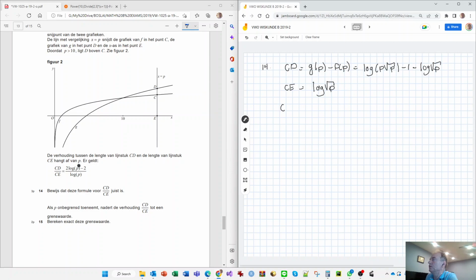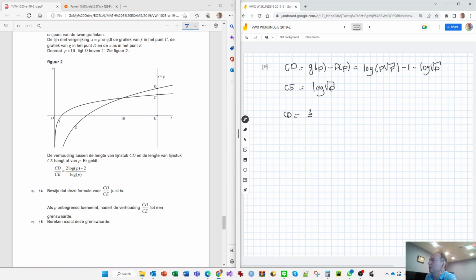Alright. Now let's first, because what we have to show is all the log of P itself. So let's convert the arguments here to P. So CD is, this is P to the power 3 over 2.